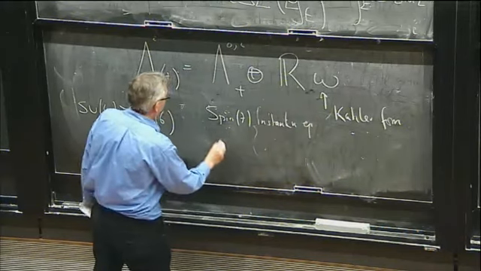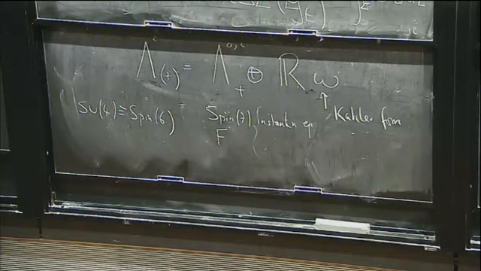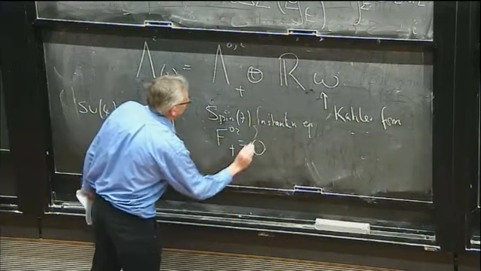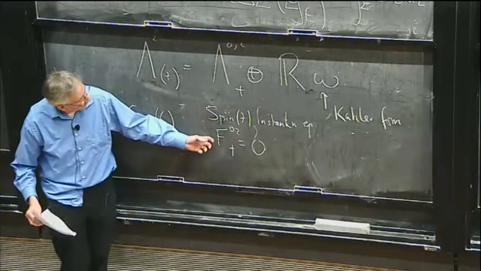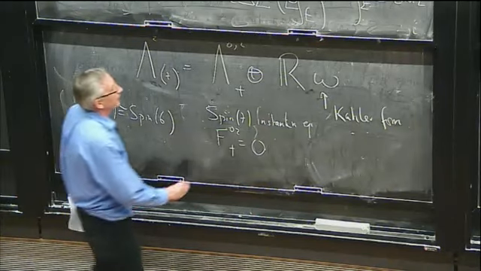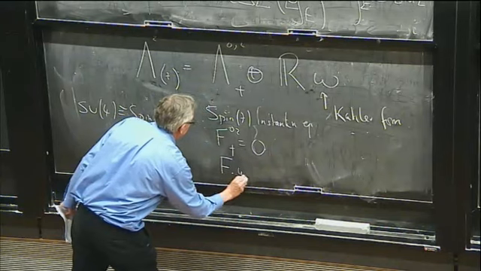It takes two components. First, that the F02 plus is equal to 0, just the analog of the self-duality equation, and then that this component is equal to 0. Let's write it that way.